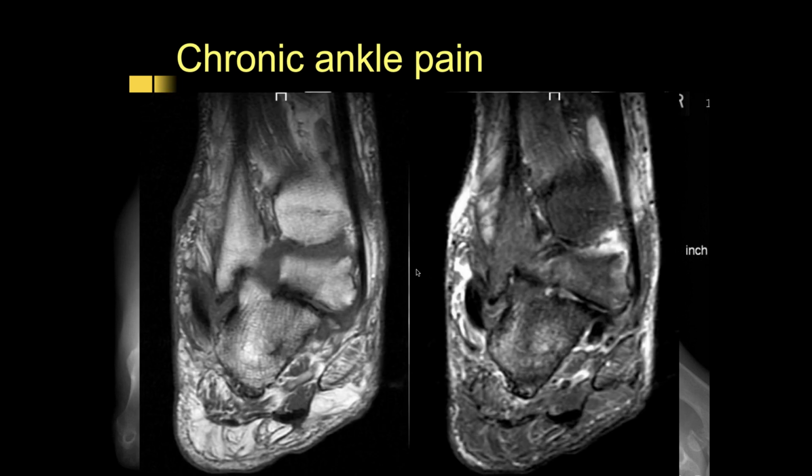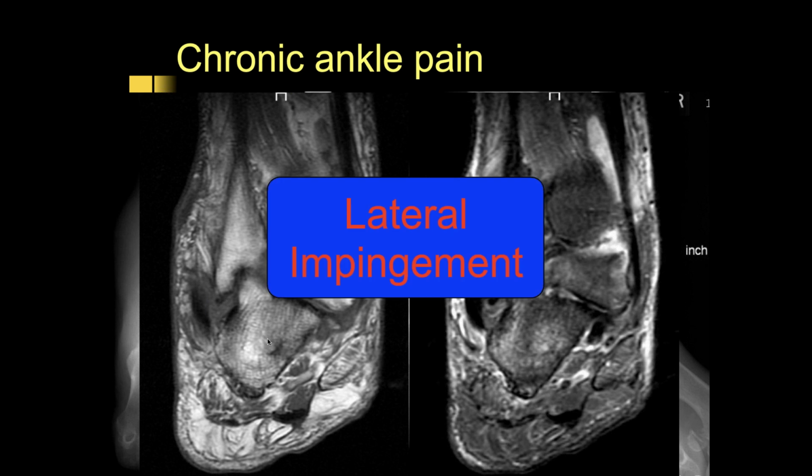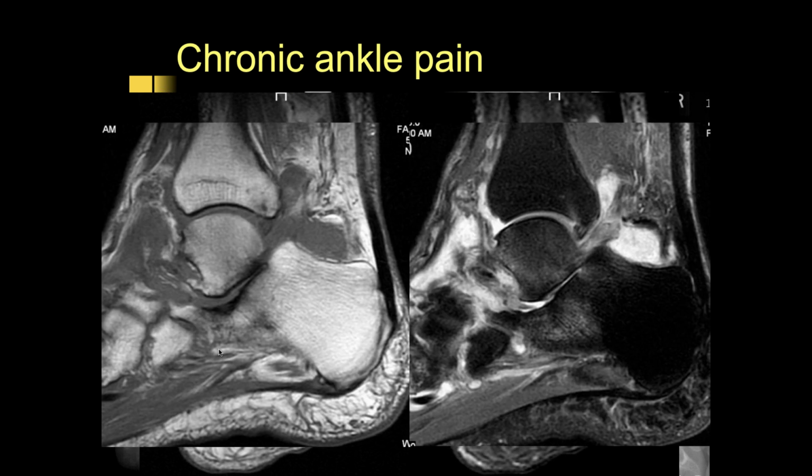But it's a little bit easier to see on the MR. So you can actually see that there's eburnation and direct articulation between the fibula and the calcaneus with valgus deformity of the calcaneus. Yeah, pretty much. And this is going to be from lateral impingement, probably from acquired flat foot deformity. Yeah, absolutely. Yep.